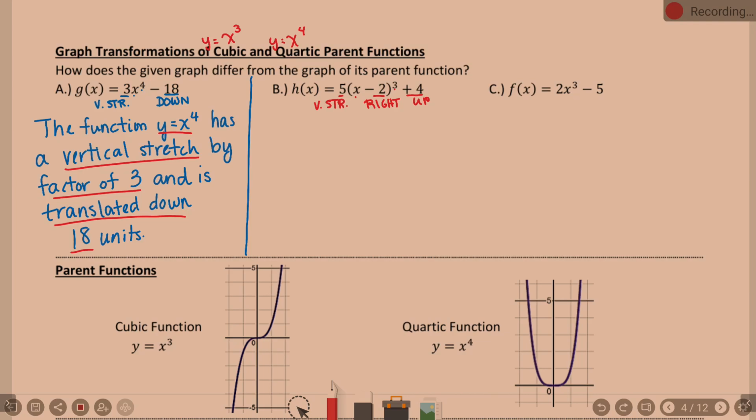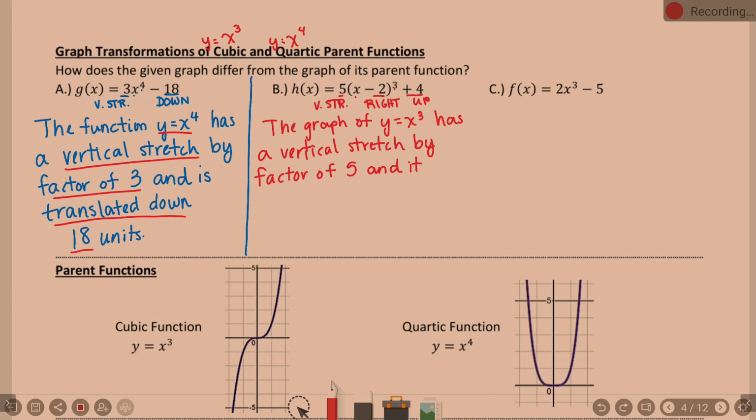Okay? So I'm going to use the graph of y equals x to the third, same function, has a vertical stretch by factor of 5 and is, I'm going to use the word translated again, and it is translated right 2 and up 4 units.